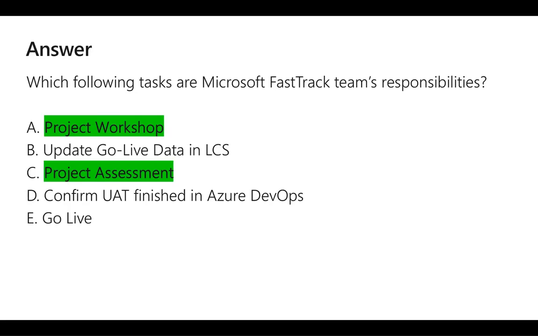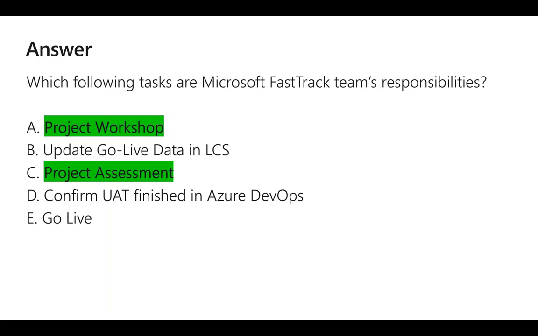After all user acceptance tests, UATs, are completed and signed off by key stakeholders, all finance and operations customers must complete a go-live assessment with the Microsoft FastTrack team before their production environment can be deployed.